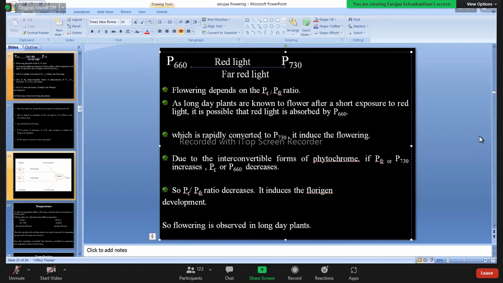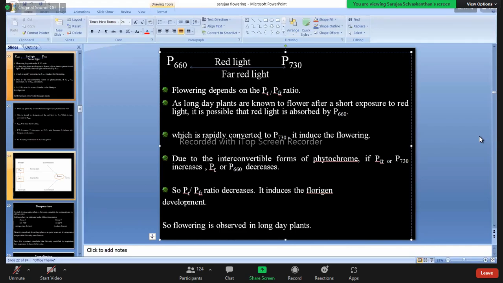The production of florigen induces floral organ development and finally induces flowering.